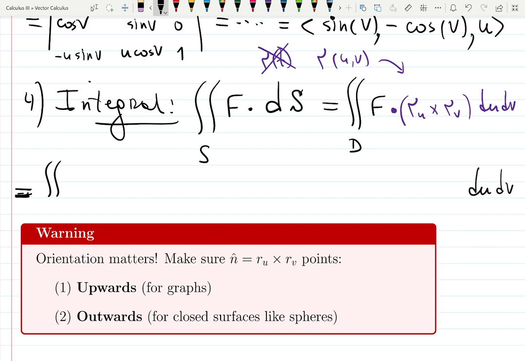Du dv, right? And then we know which one is which. V is given from 0 to pi. Check the beginning, it told us this. U is from 0 to 1. And you have F. F is 2u cosine v, comma, 2u sine v, comma, v squared, times the tail.